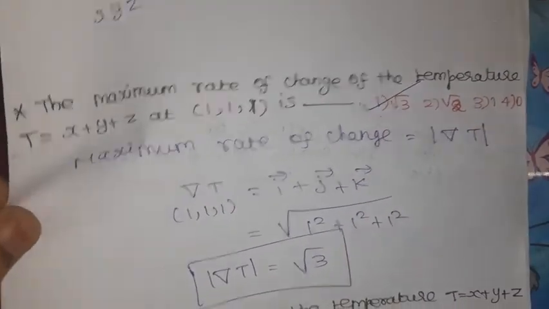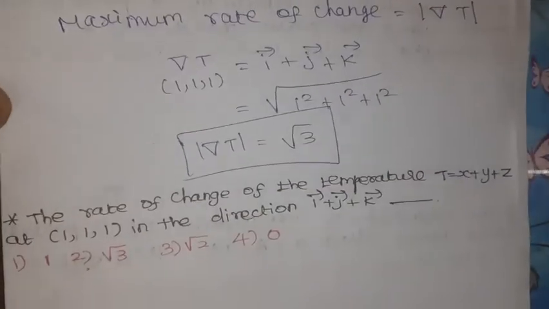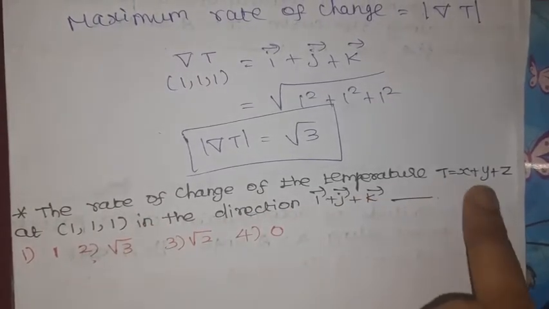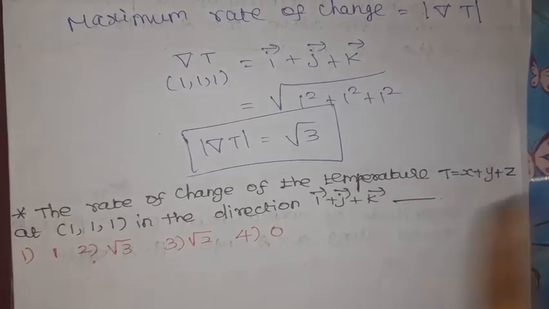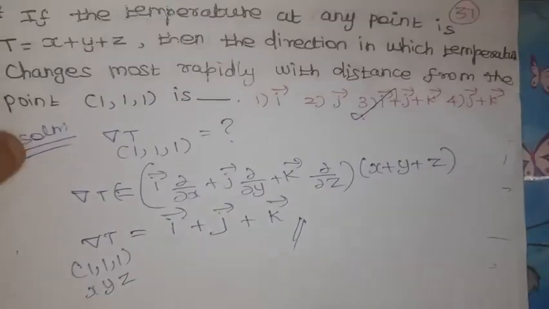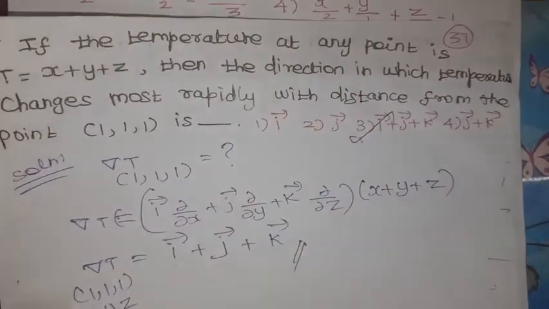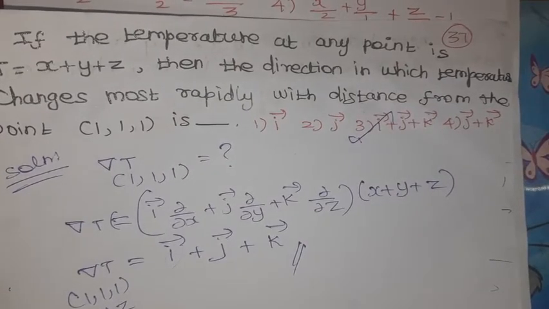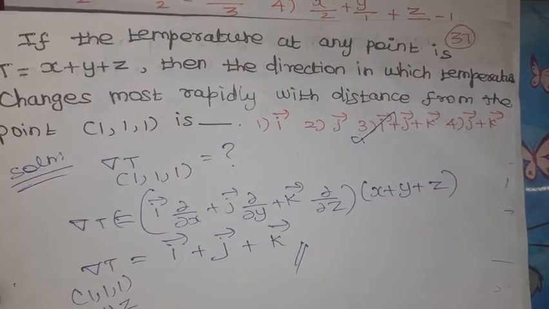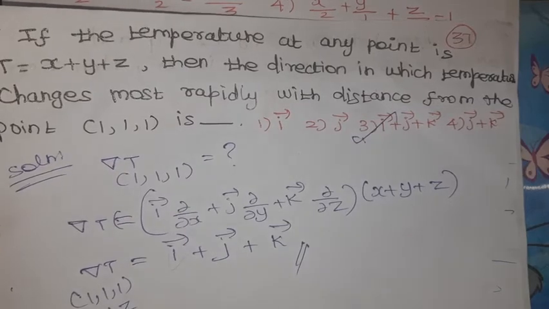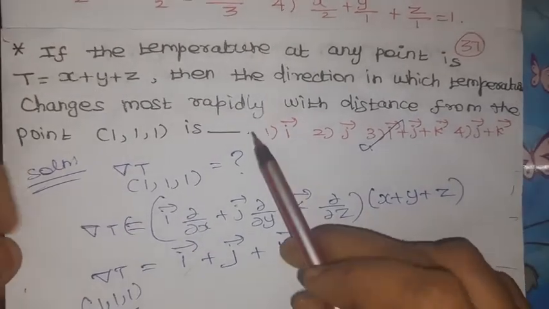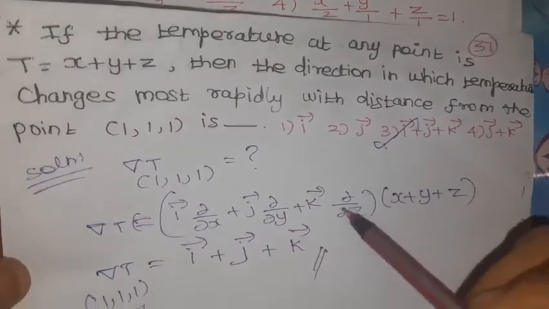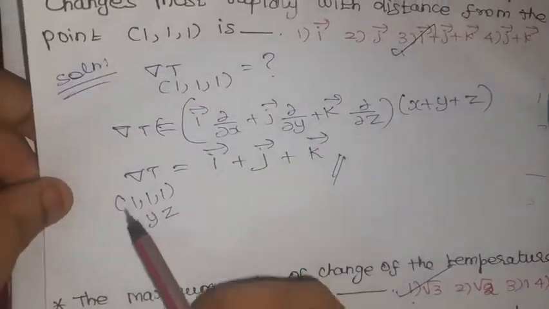Okay, then the next problem: the rate of change of the temperature T at the given point in the given direction. This same data gives three problems that we can find in three different methods, three different ways of finding. Here, for the direction of temperature change, we need to find del T at the point.